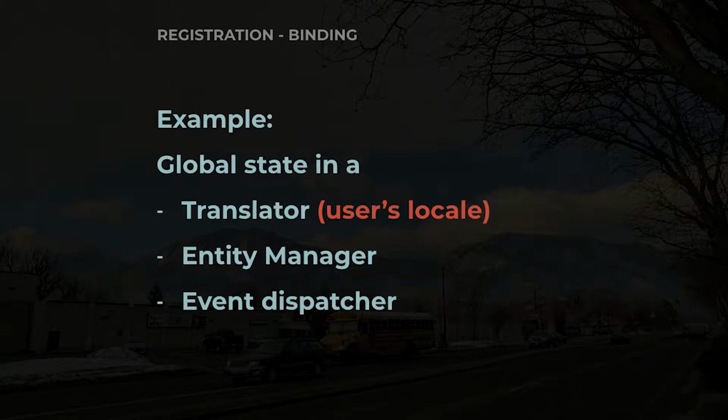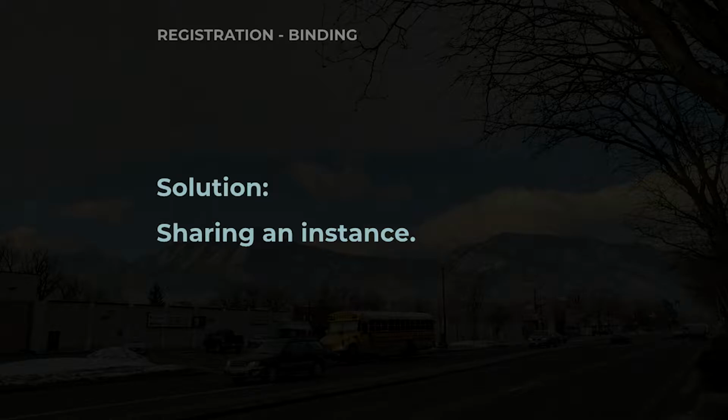Just calling the event listeners for a certain event. So the first time we resolve this translator or this entity manager, it's going to new it up, only the first time, and then it's going to save the instance, and then the second time when the container is called, it's going to return exactly the same instance. So we're going to share the same instance for different calls to the container.